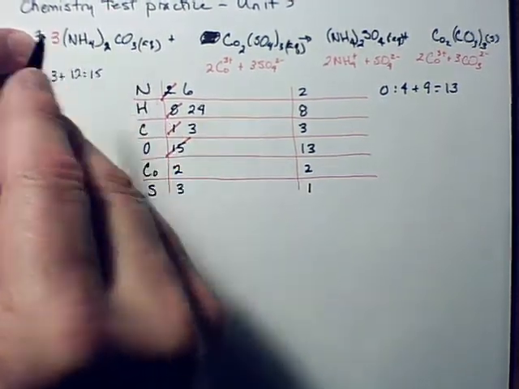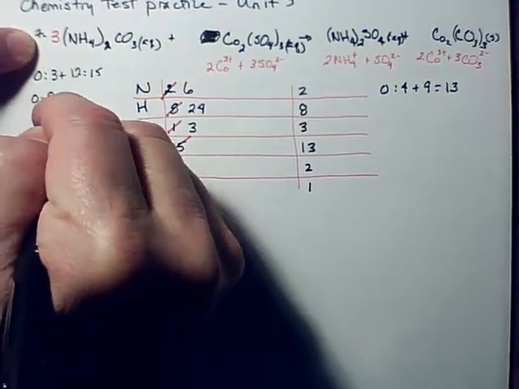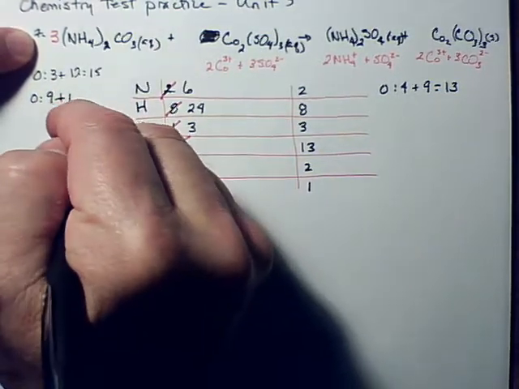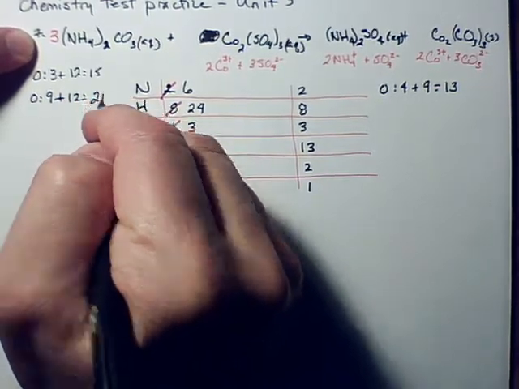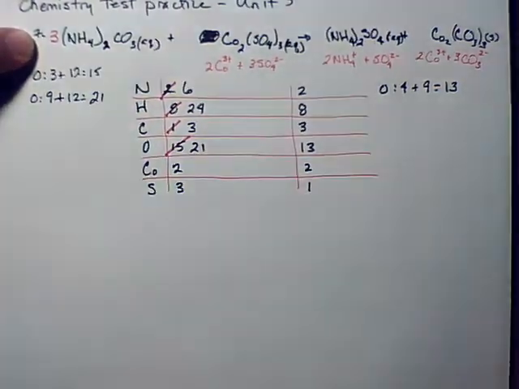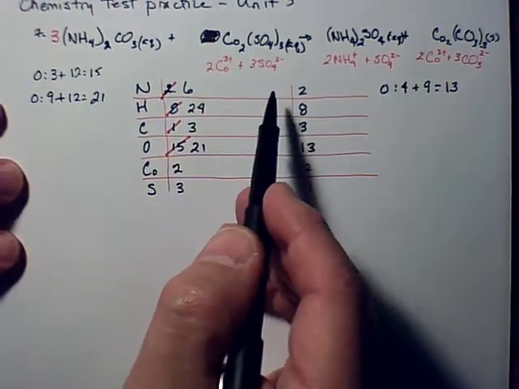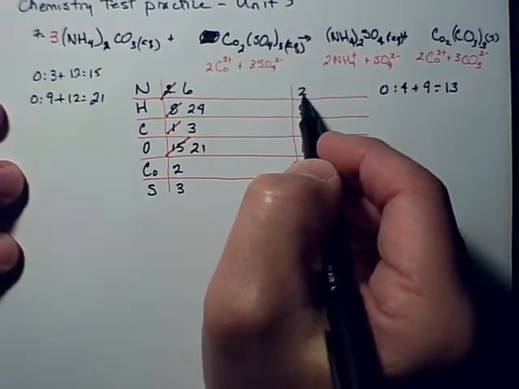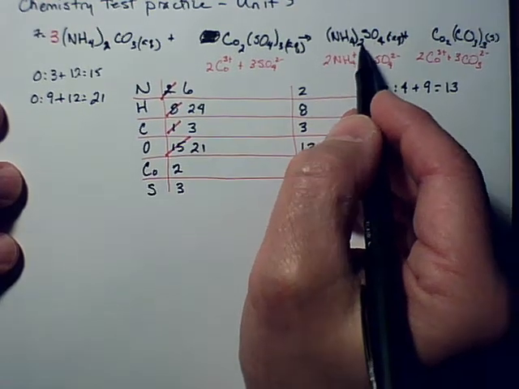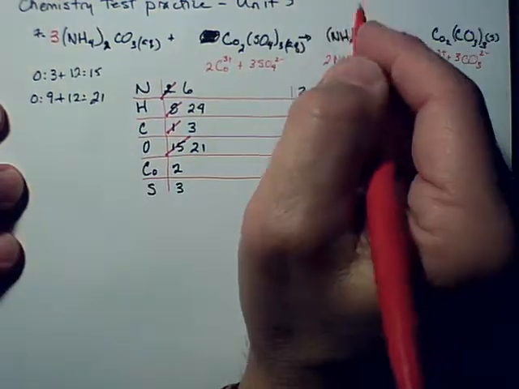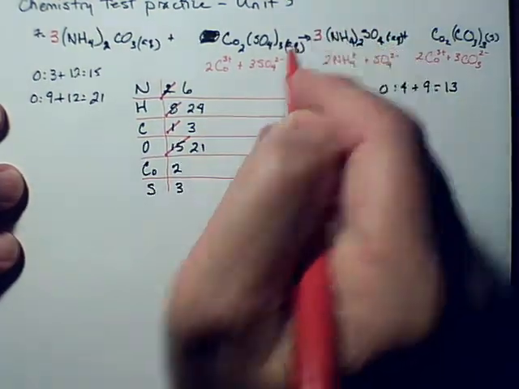I have 3 oxygens times 3, that's 9, plus the 12 I have over here, 4 times 3, 21 oxygens. Okay? Alright, so now we've upset the balance of nitrogens. We can fix that. Since I have 2 nitrogens on this side, and there are 2 nitrogens in this formula, the only way to get 6 is to multiply the whole formula by 3.